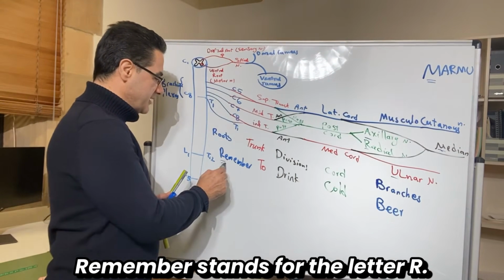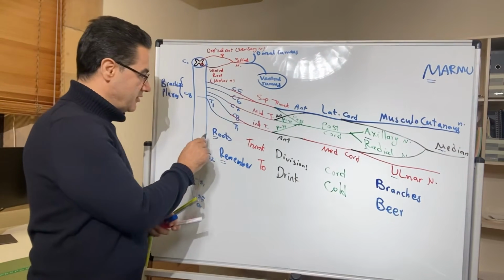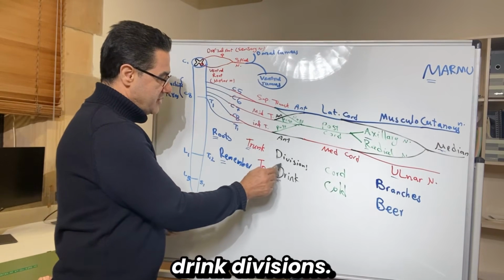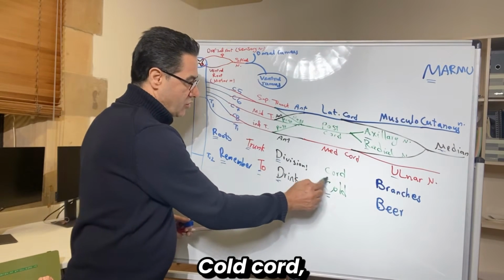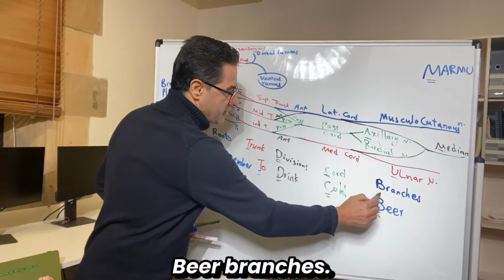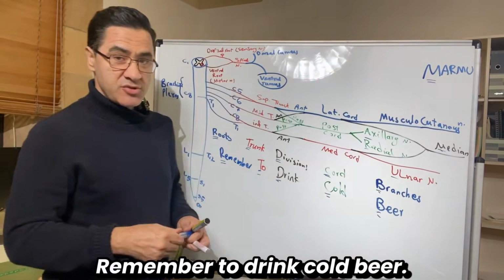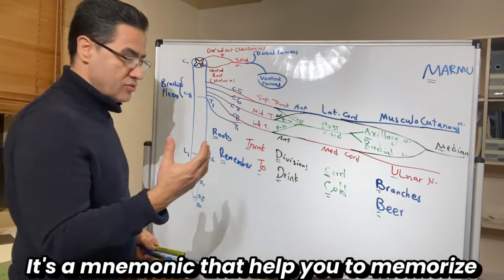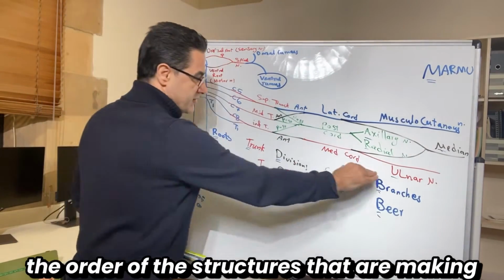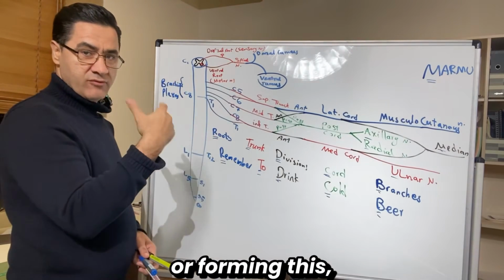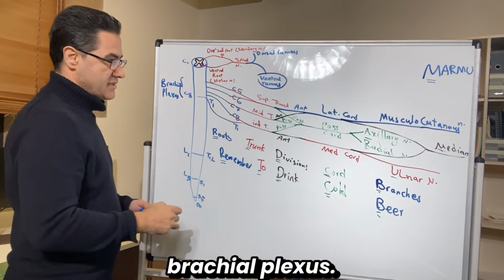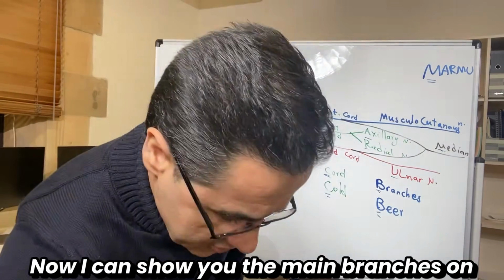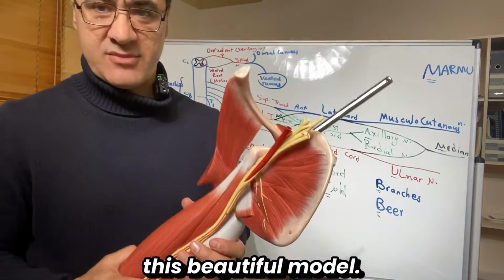Remember, R stands for root as well, T for trunk, D for divisions, C for cord, B for branches. Remember to drink cold beer. It's a mnemonic that helps you to memorize the order of the structures that are forming this brachial plexus. Now I can show you the main branches on this beautiful model.